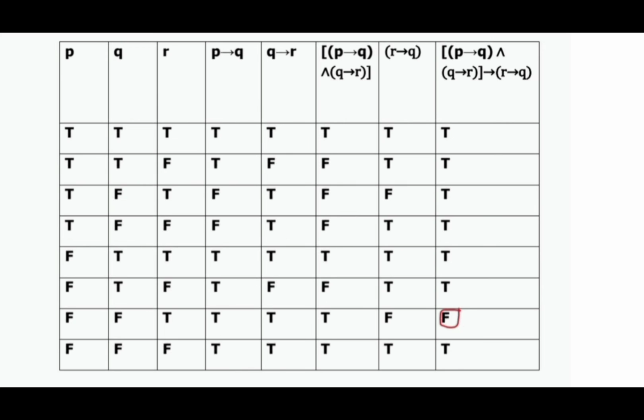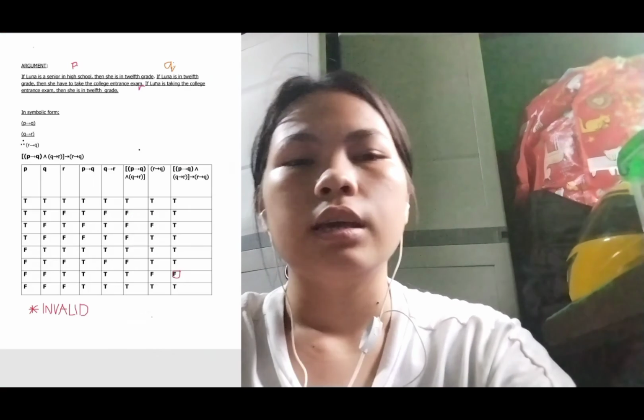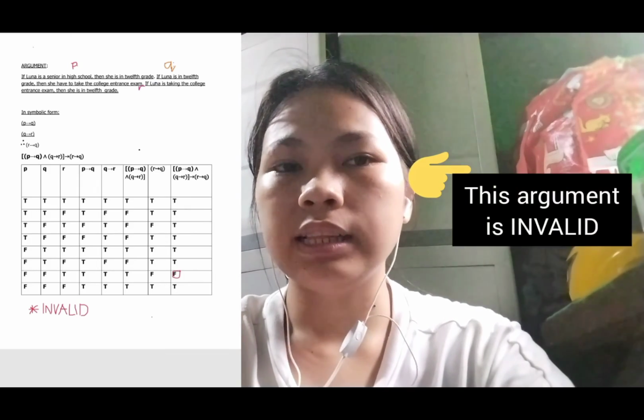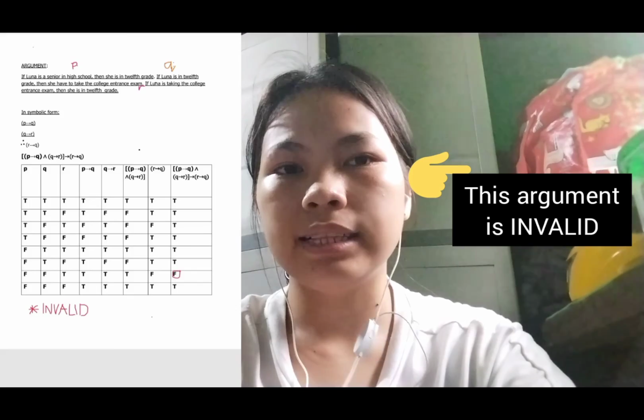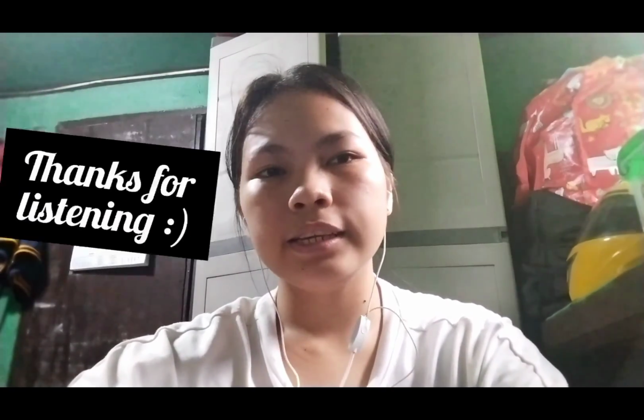And right here we have the combination true and false, which leads to false. And lastly, true and true is true. Since we found a false value at one point, this is not valid, which means this argument is invalid. Thanks for listening.